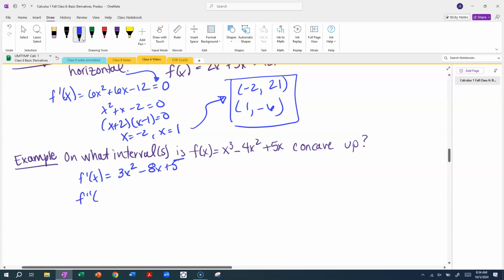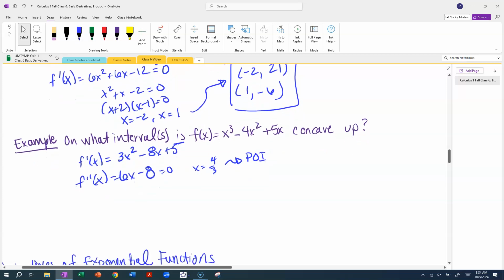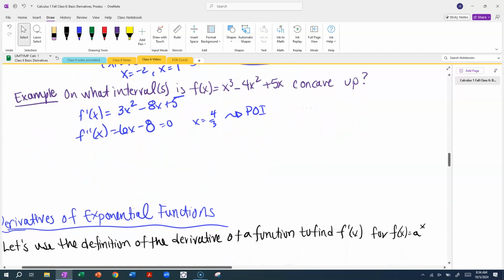Second derivative, which is what I really want, 6x minus 8. Okay. And so then if I set this equal to 0, x is equal to 4/3, that is a possible point of inflection, okay? Again, where the second derivative is equal to 0 is a potential point of inflection.